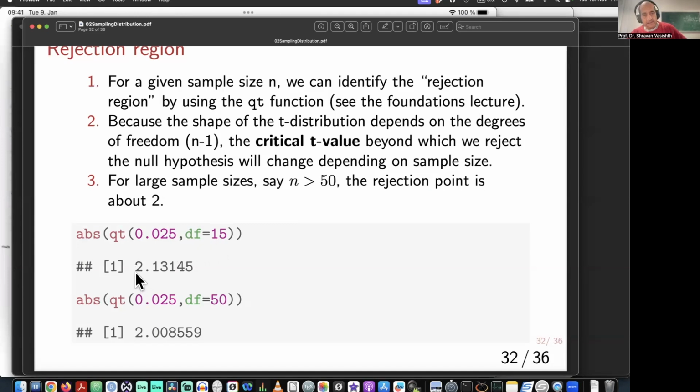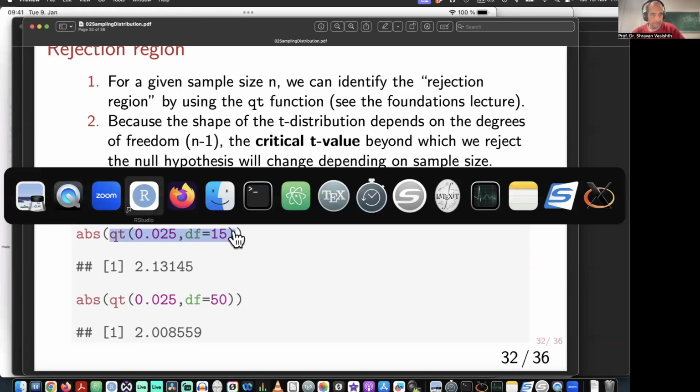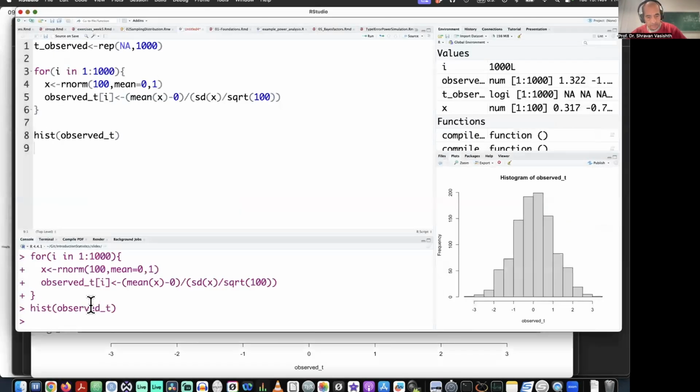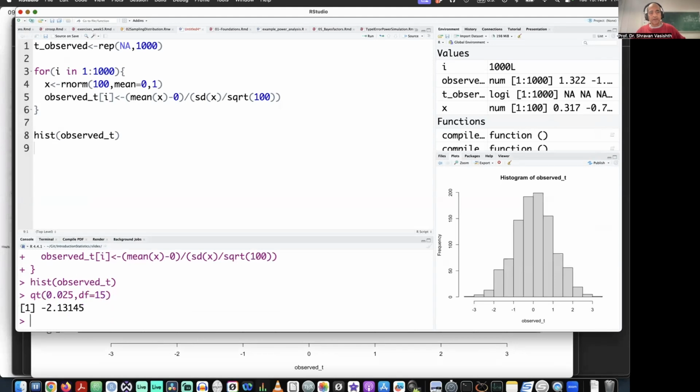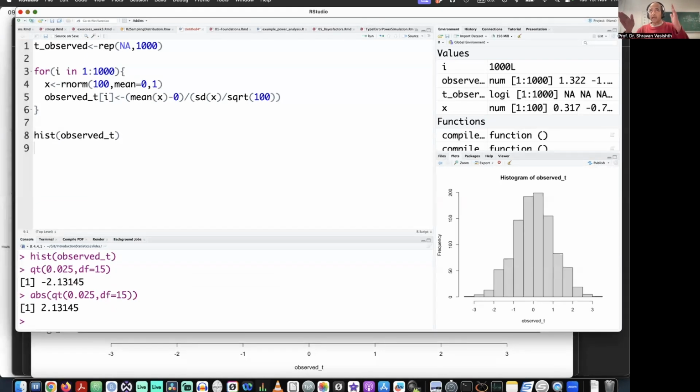So what I'm computing is the absolute value, because if I were to just compute this quantile, let me just do this. If I were to compute this quantile, I would get a negative number, right? So I would get minus 2.13. But what I want to know is what the absolute t-value is, because I don't really care what the sign of the t-value is, because I know that whatever quantile I have on the left-hand side, I'll have the same quantile on the right-hand side, but with the opposite sign, right?